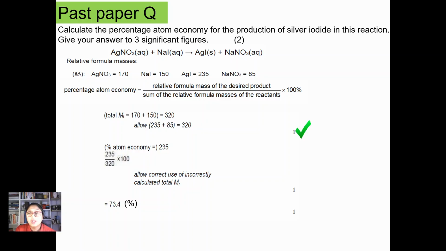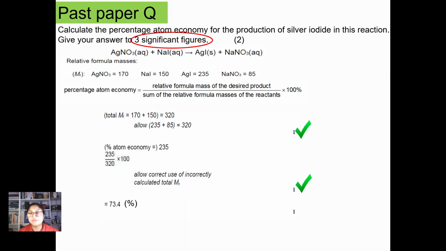Then add all those up and put them into the equation, and that is mark 2. So you get 235, the relative formula mass of the desired product, divided by 320, times 100, and you get the final answer 73.4. One important thing here is they have said give your answer to 3 significant figures.